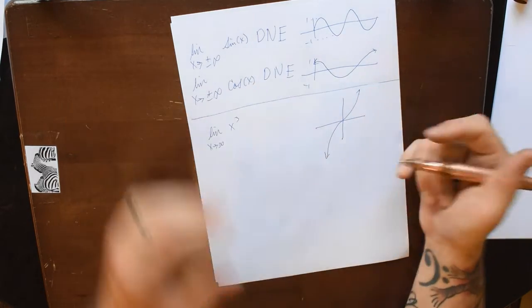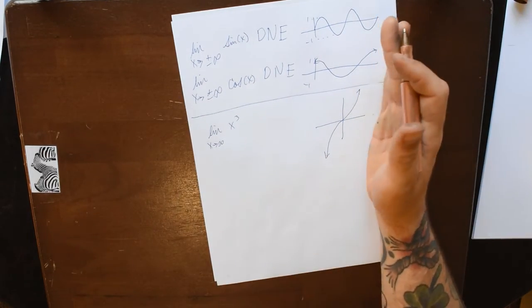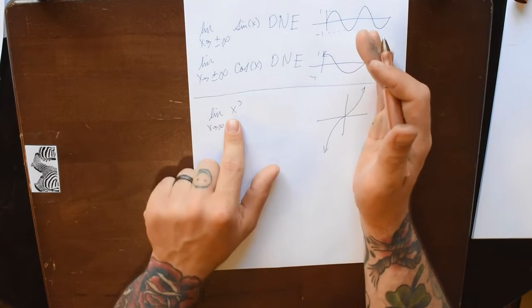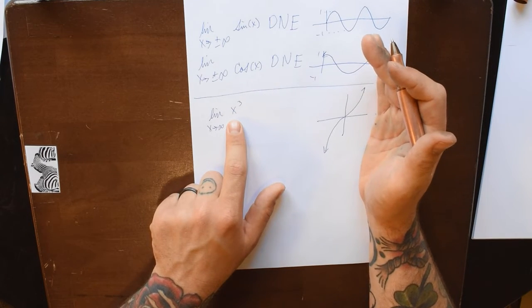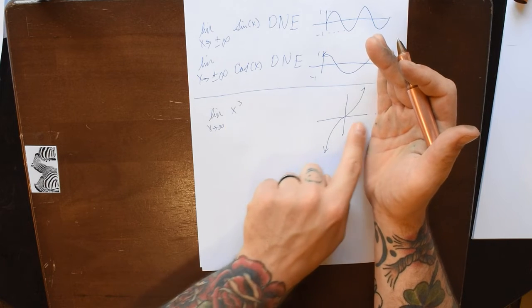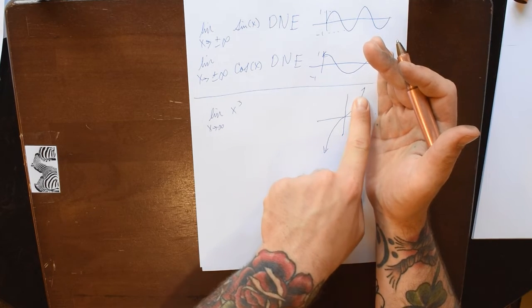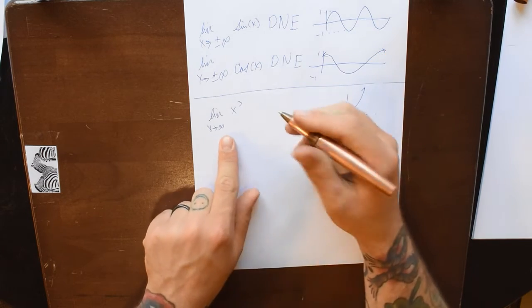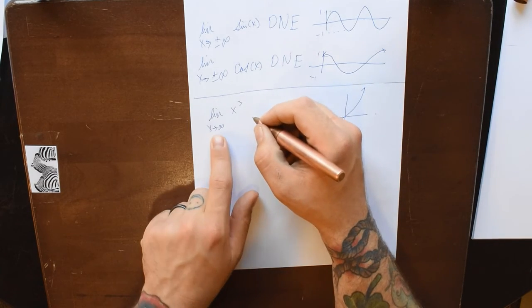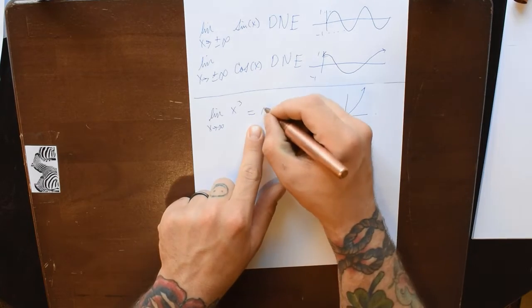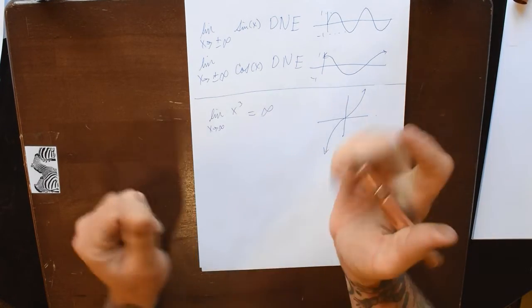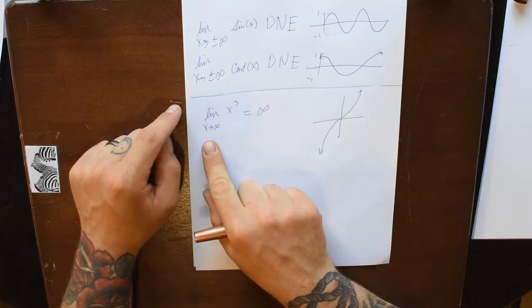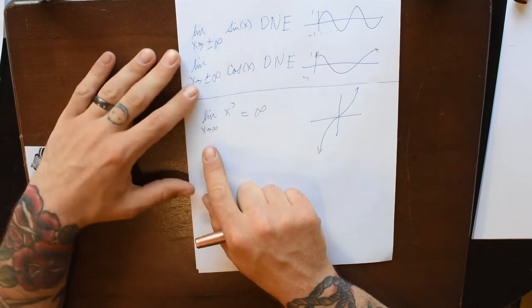It doesn't have a vertical asymptote. It's a polynomial. It's defined everywhere. But as the value of x increases, the value of y increases fairly rapidly. So we can have a limit at infinity being equal to an infinite limit. That's just saying that as x increases without bound, x cubed increases without bound.